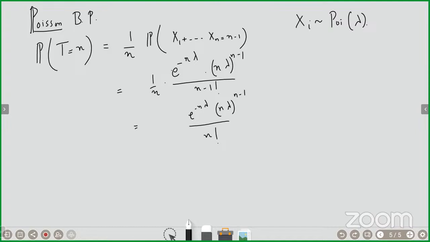So what is missing in that? n lambda. Yeah, if we multiply it with n lambda, then why is that correct?